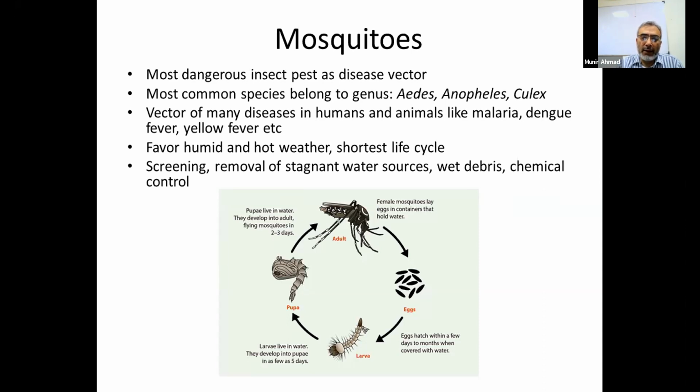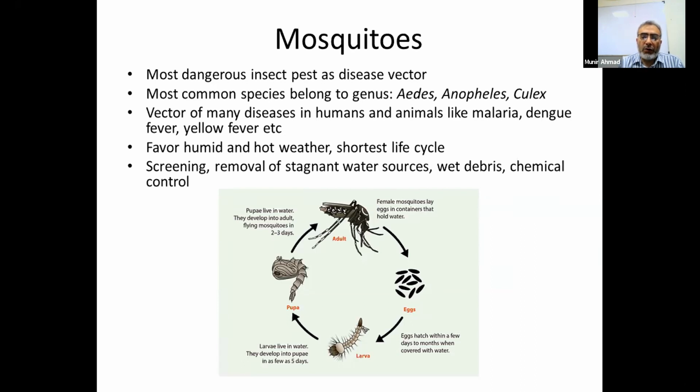There are other genera, but these are three of the most important genera which are responsible for the transmission of diseases and other problems, not only in humans, but other animals too.